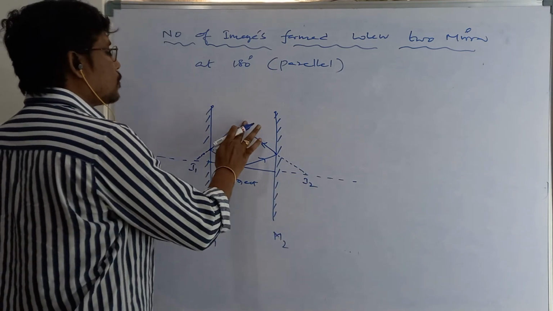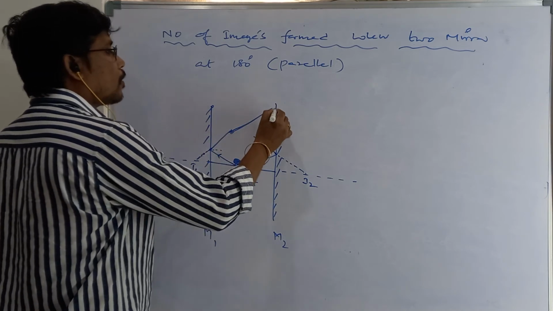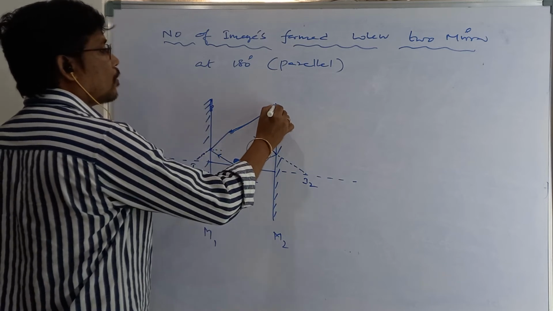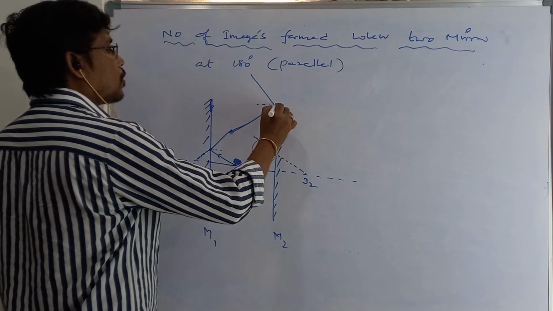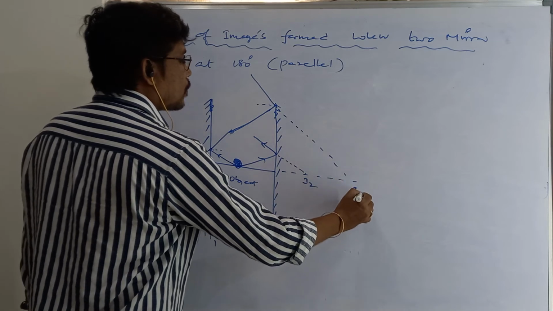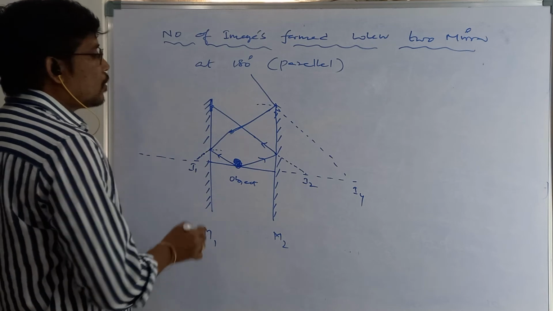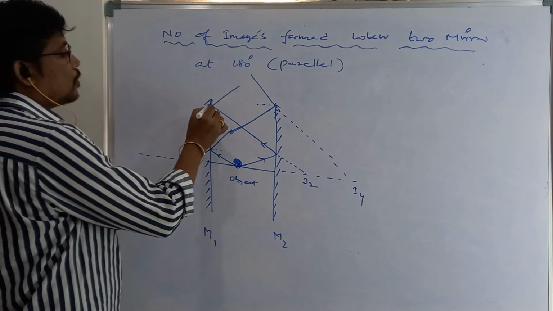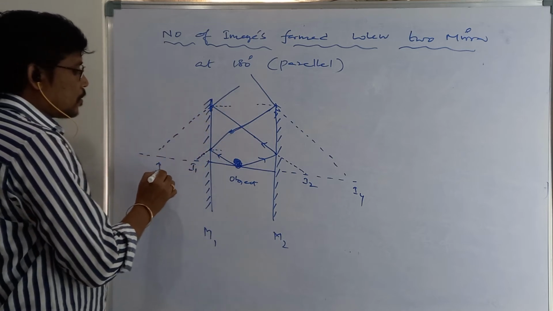Similarly, this ray passes like this and is reflected back. This is the normal. If you extend this, you get I4. Similarly, this will be reflected from this reflecting surface, and this is the normal. If you extend this, you get I3.